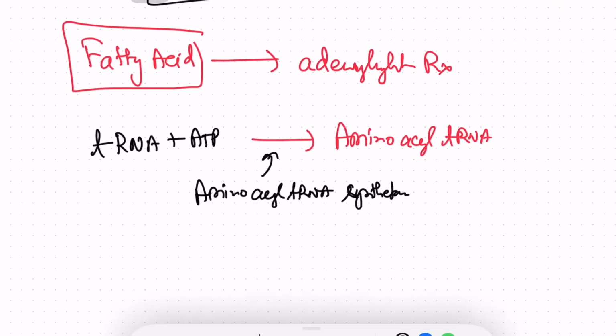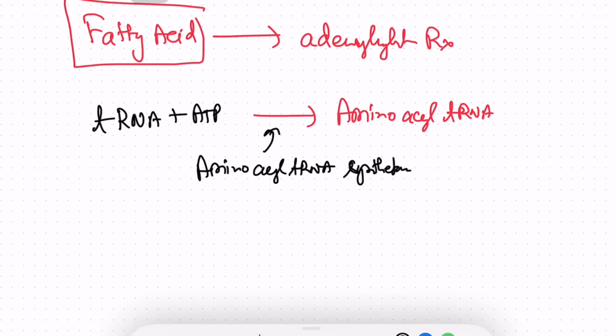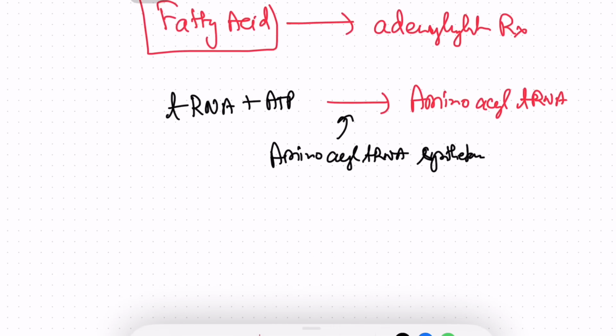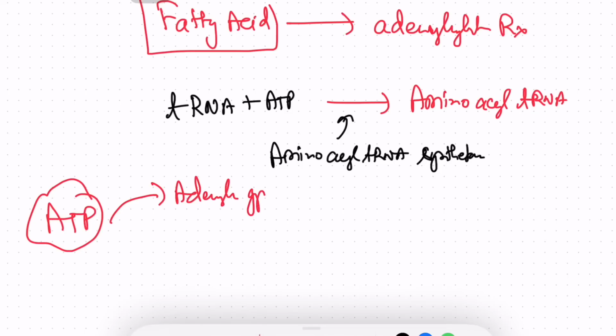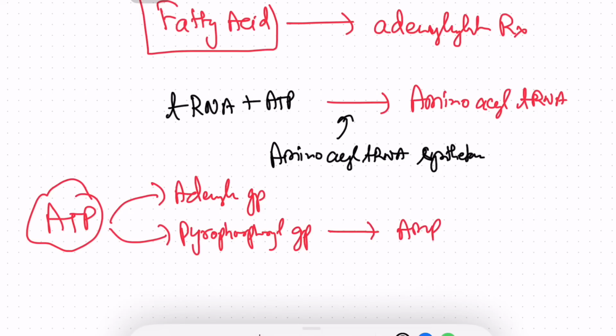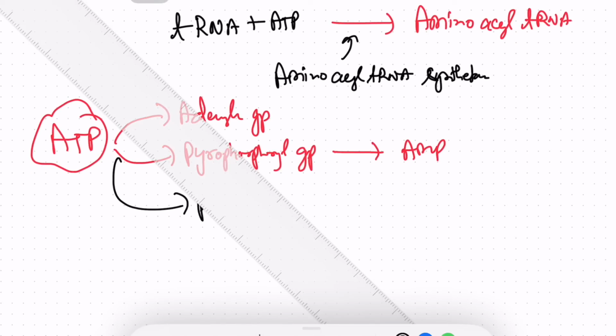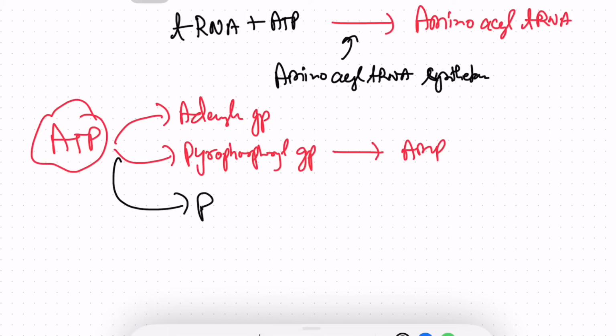Now here I just want to tell you one important point: we have discussed that ATP can transfer an adenylyl group, it can transfer a pyrophosphoryl group, forming AMP, and it can also transfer the phosphoryl group.